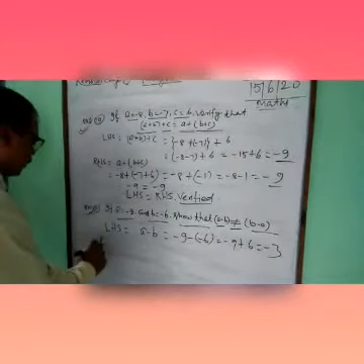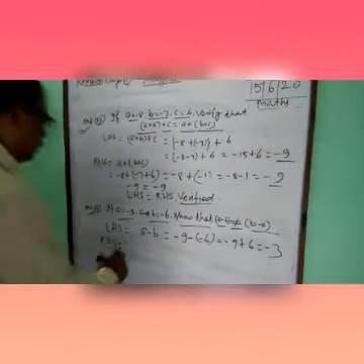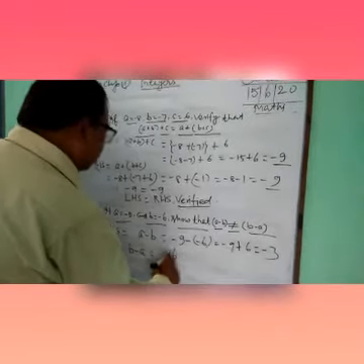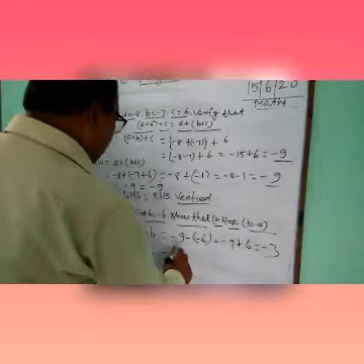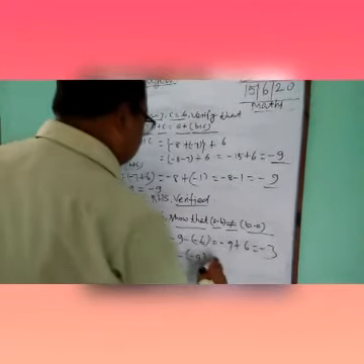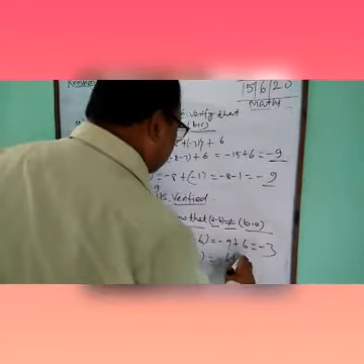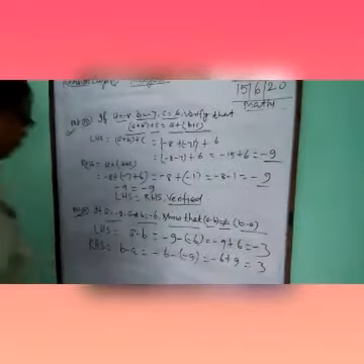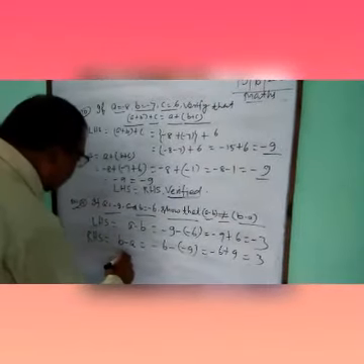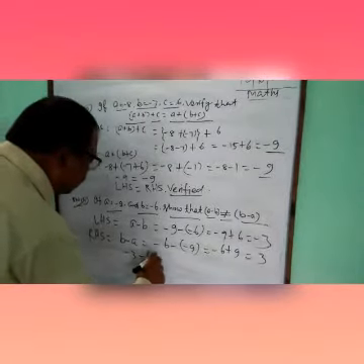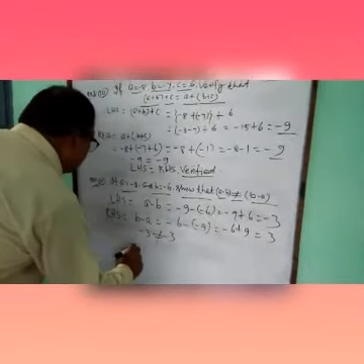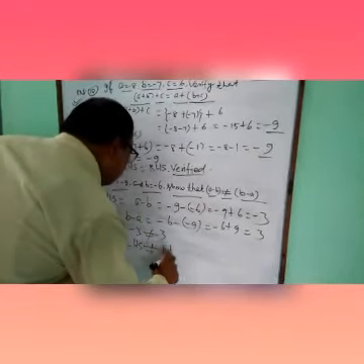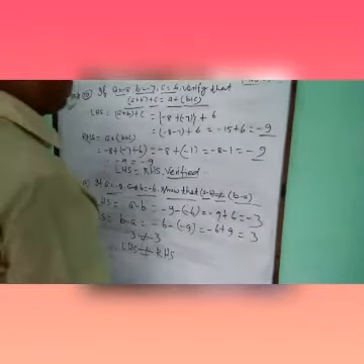Now RHS, we have B minus A is equal to -6 minus (-9) is equal to -6 plus 9 is equal to 3. -3 does not equal 3. LHS does not equal RHS.